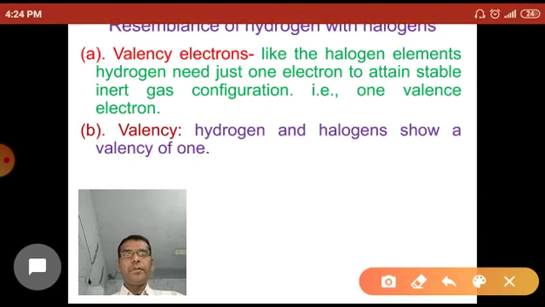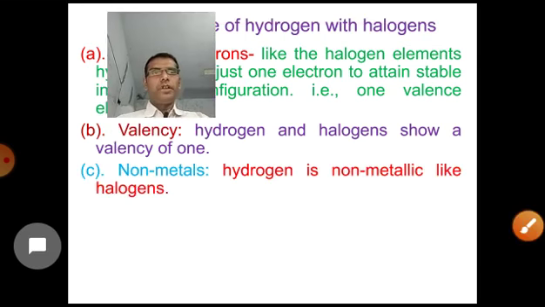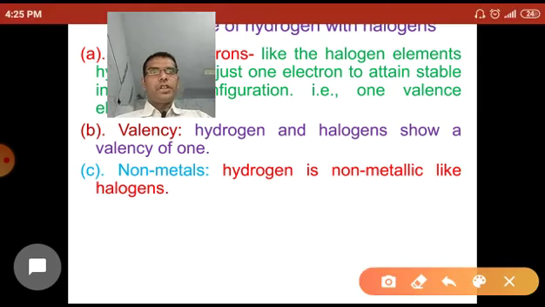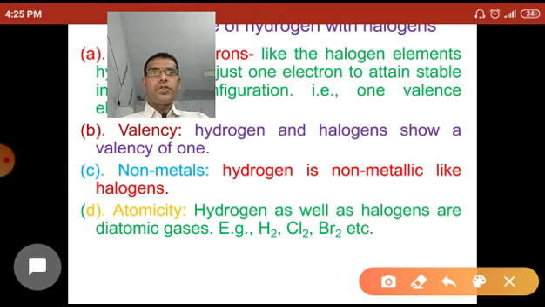Now the valency of halogens is 1 and the valency of hydrogen is also 1. Hydrogen is a non-metallic element like the halogens. Atomicity: hydrogen as well as halogens are diatomic gases, as for example H2, Cl2, Br2, etc.